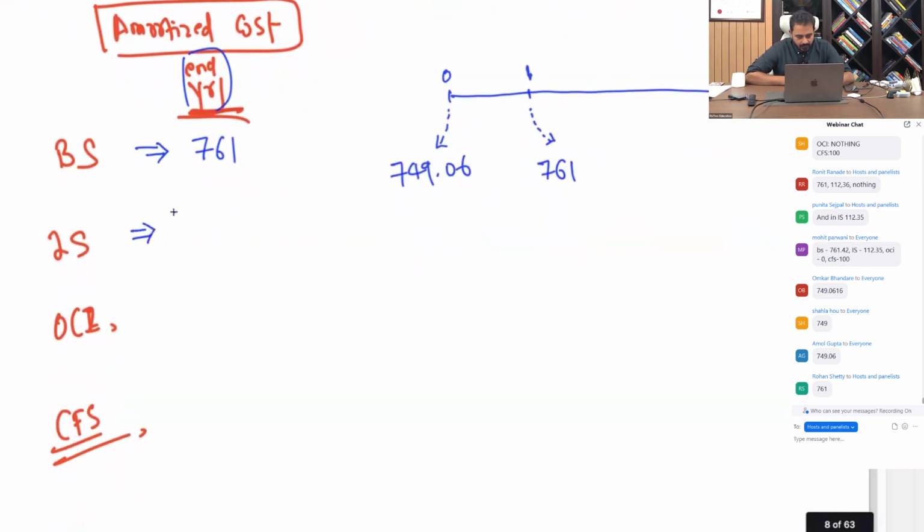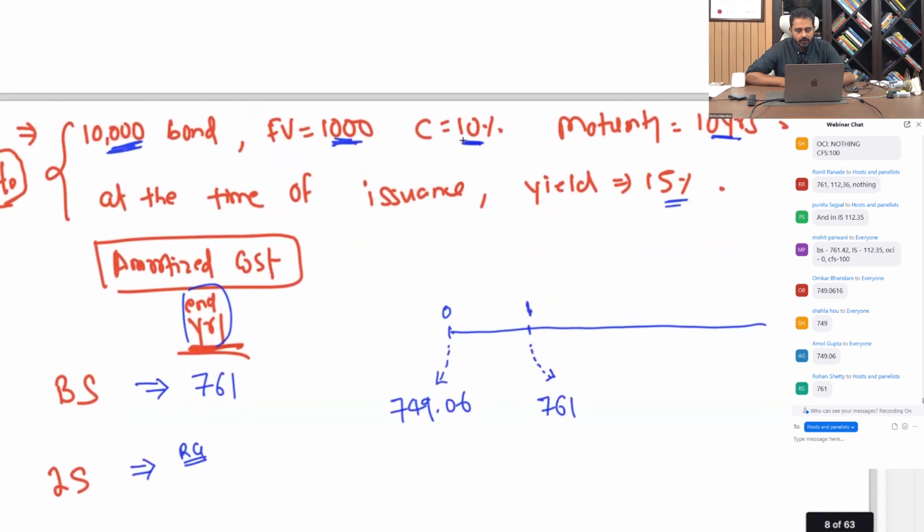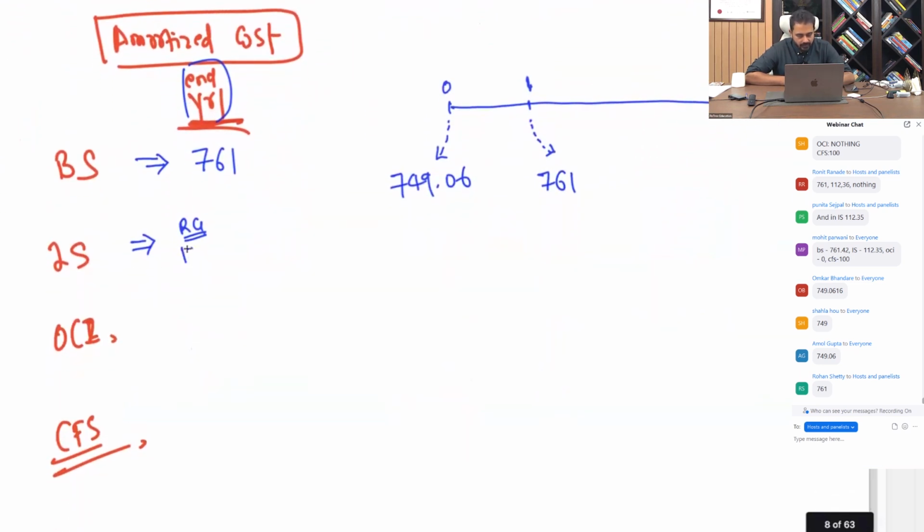Remember, in the income statement, we are supposed to recognize only the realized gain. Correct? So I'm going to receive a coupon of 100. Therefore, on the income statement, my realized gain is 100, which is the coupon. Is there anything else part of the realized gain? Yes. What is that? The amortization of discount.